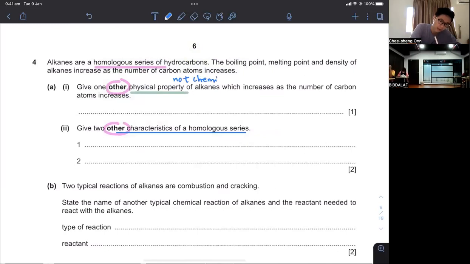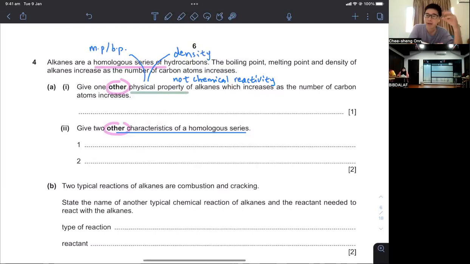You cannot talk about chemical reactivity. You cannot talk about chemical reactions. It has to be about physical properties. Something physical usually refers to melting point or boiling point, states of matter. The other one will be density.